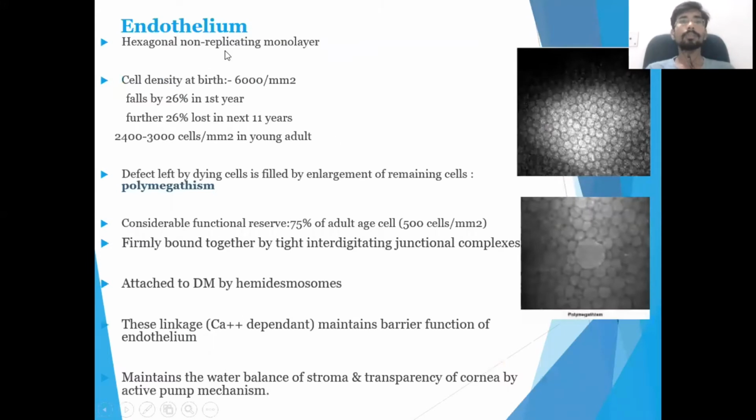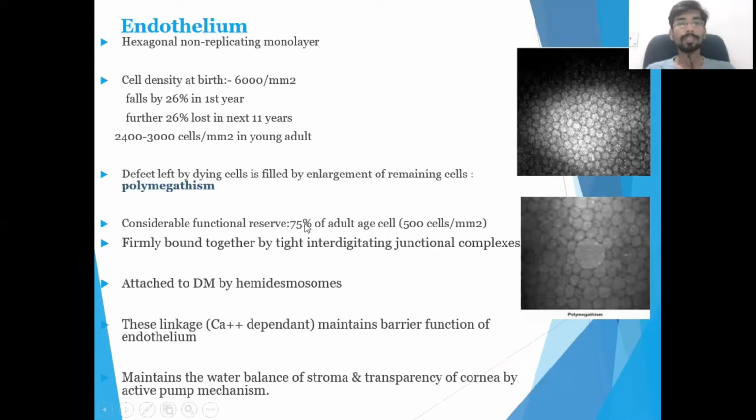Endothelium is a hexagonal, non-replicating single layer. Cell density at birth is 6000 per millimeter squared. In a young adult, it is between 2400 to 3000 cells per millimeter squared. The defect left by dying cells is filled by enlargement of the remaining cells. This enlargement is polymegathism.